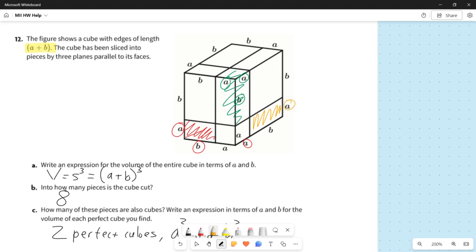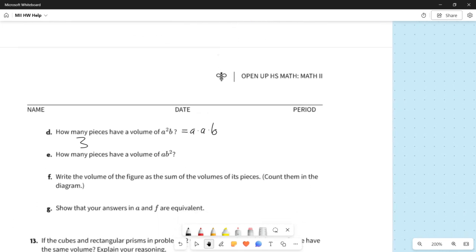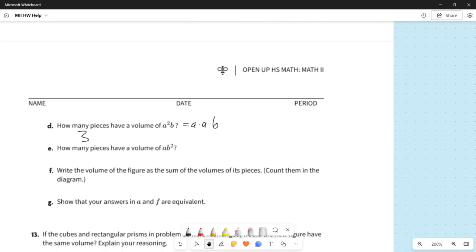One of my dimensions is A, my other dimension is B, and my length is actually this value here, A. So this block goes like that, and that block is A by A by B. So there are 3 blocks: the red, the green, and the yellow. It is, in fact, 3 pieces that are A squared B.